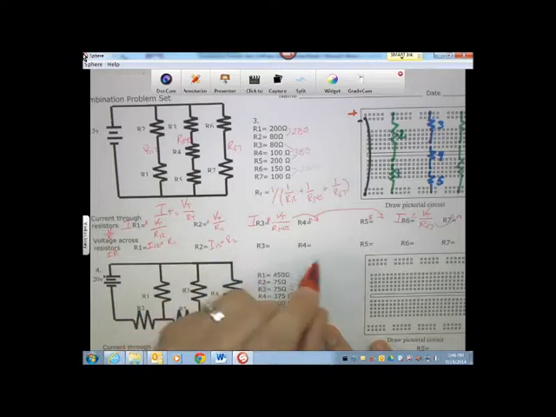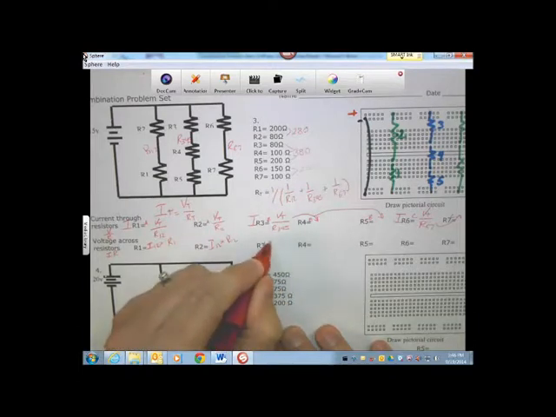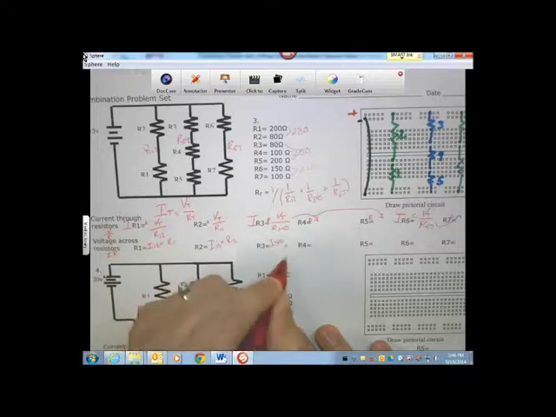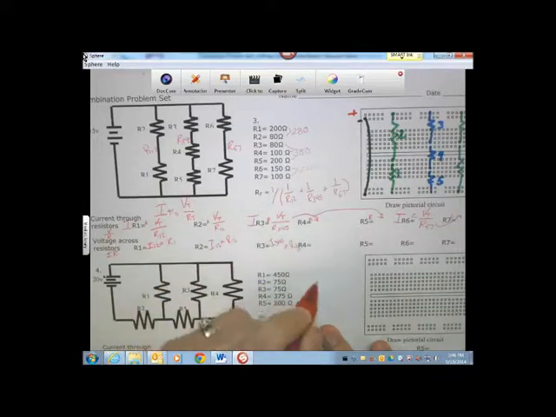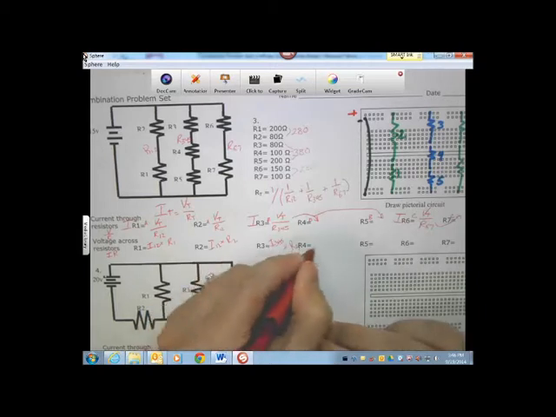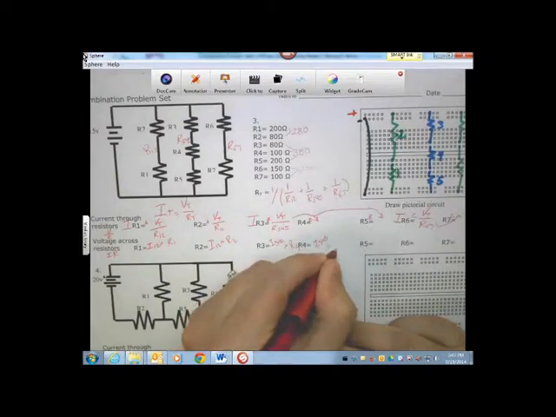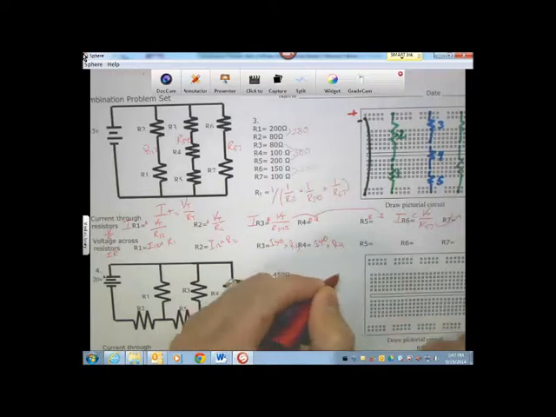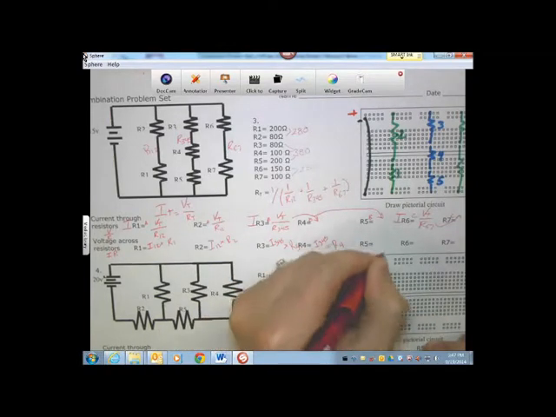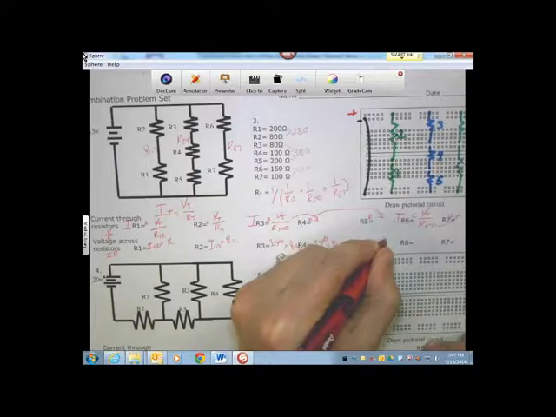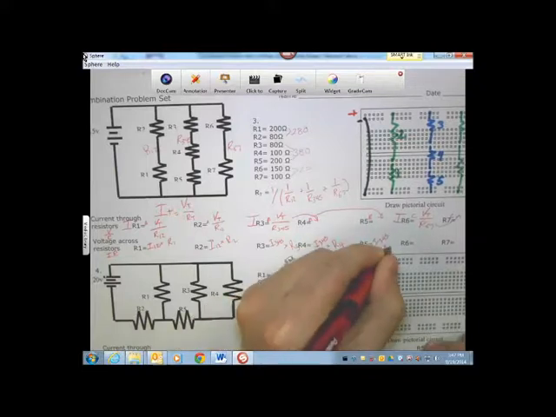And then R3, 4, and 5 are the same. We have I 3, 4, 5 from the previous problem times R3. And then I have I 3, 4, 5 times R4. And I 3, 4, 5 times R5.